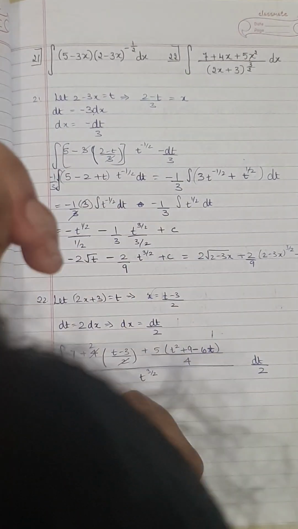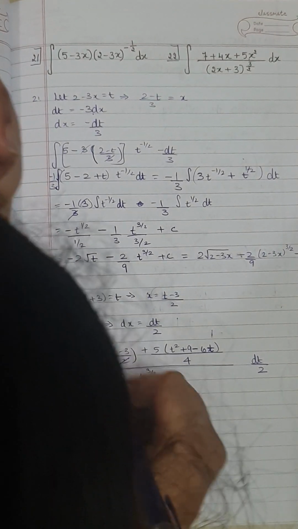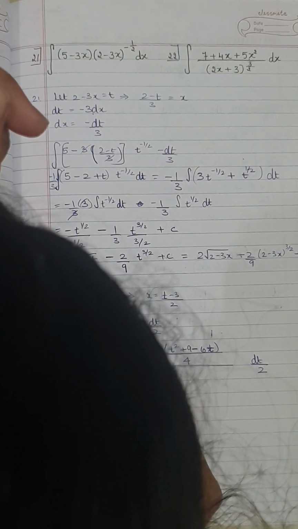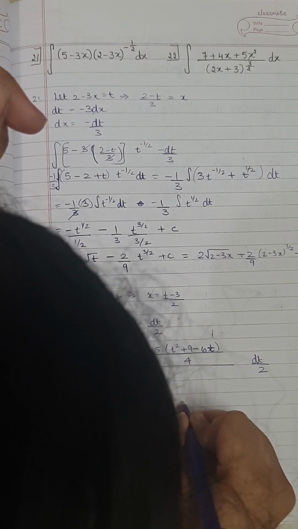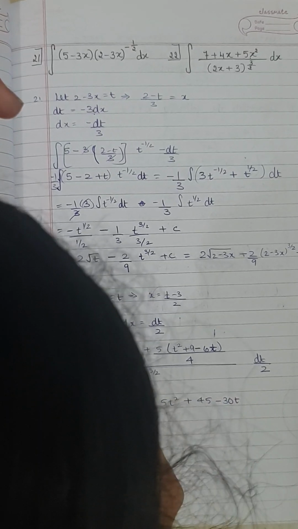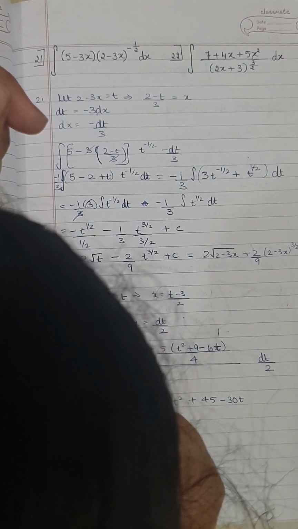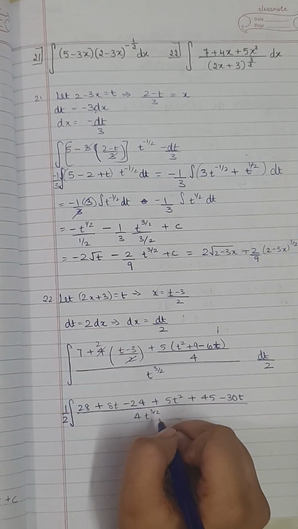Right now 1 by 2 goes out, and you have 7 4s are 28 plus, now since you have to make a 4 here, it becomes an 8. So 8t minus 24 plus 5t square plus 9 5s are 45 minus 5 6 are 30t, the whole upon 4t to the power 3 by 2.